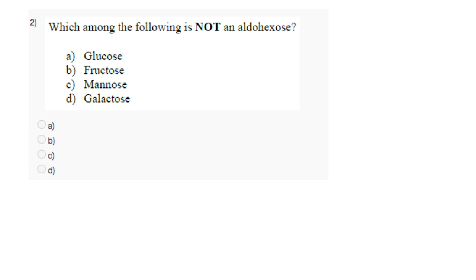So it is asking about aldohexose. So aldo corresponds to aldehyde, and keto. There are two types: ketohexose and aldohexose.